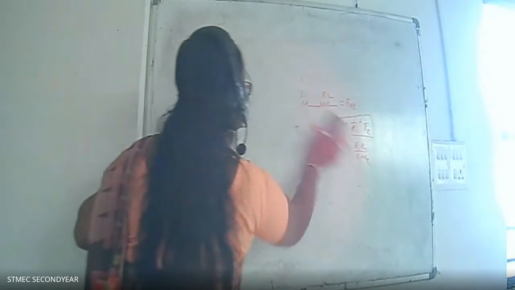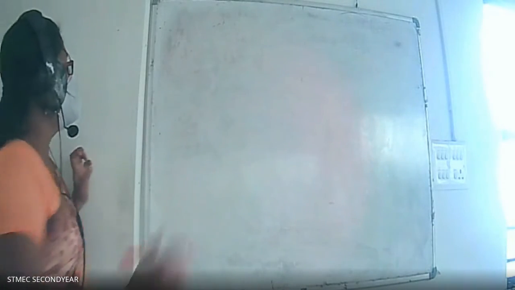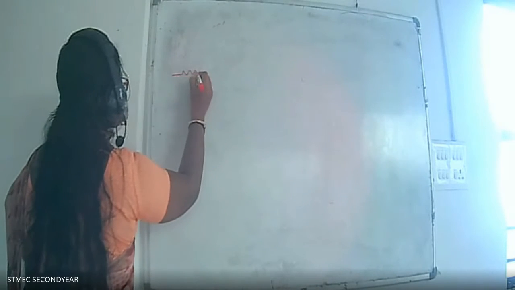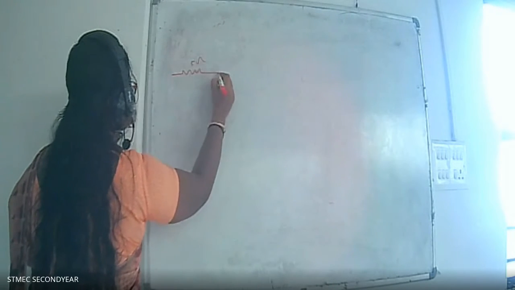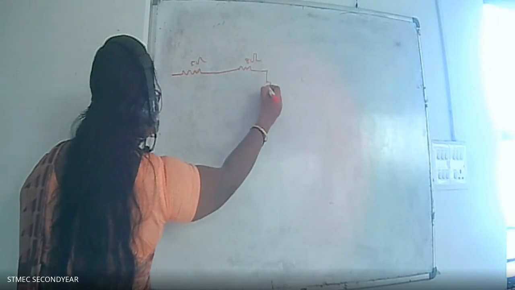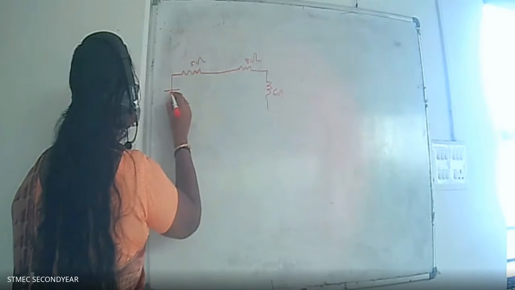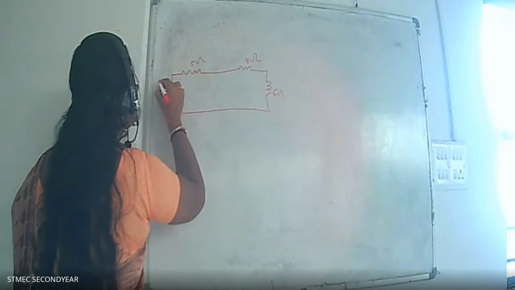Let me give you a problem to find. Suppose 5 ohm, 8 ohm, 6 ohm, and then there is a voltage source, 6 volt.